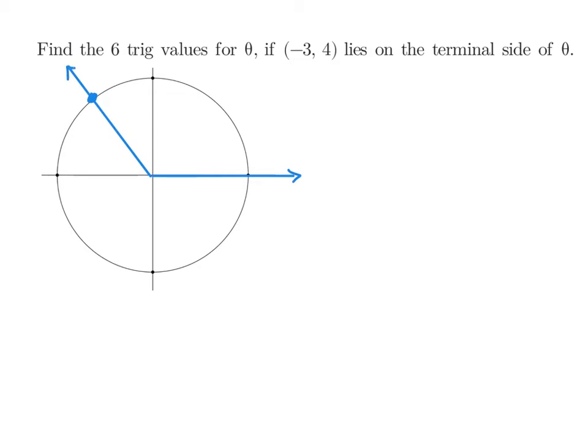And that makes alpha this angle. When we draw our right triangle in, we always have to bring it to the x-axis. So that's going to mean drawing our vertical side over here. And the base of our triangle is going to be right here to make our right triangle.